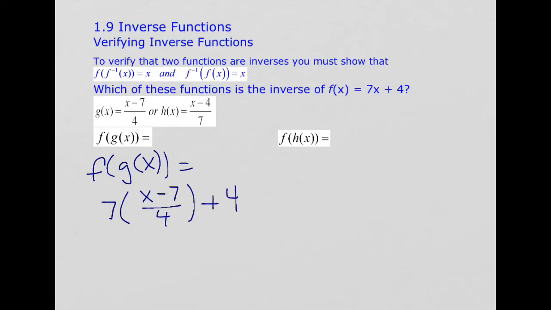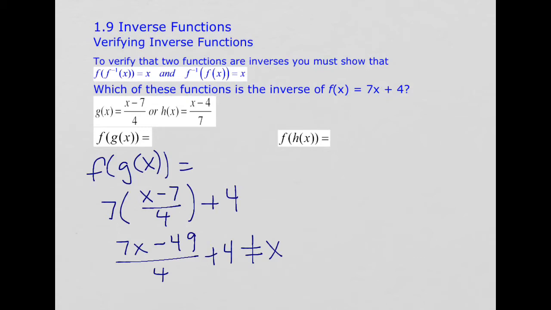Okay, when I multiply this out, I get 7x minus 49 over 4 plus 4. This is not equal to x. So the first one is not the inverse.